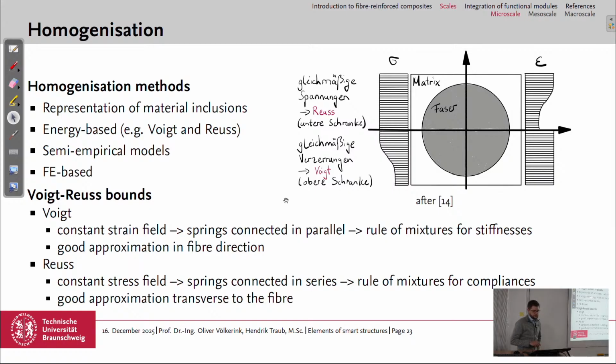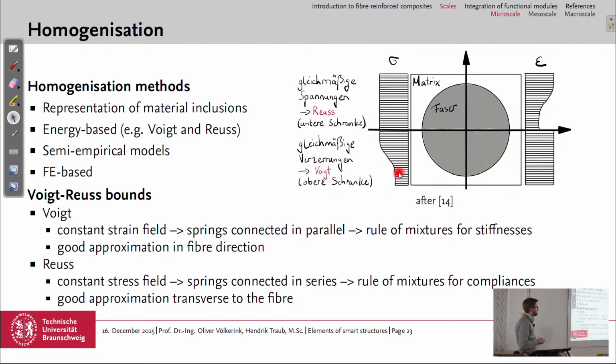We won't go into detail about this, only the idea of this model. In the Reuss model you assume that you have the same stresses over the cross-section, but different strains.